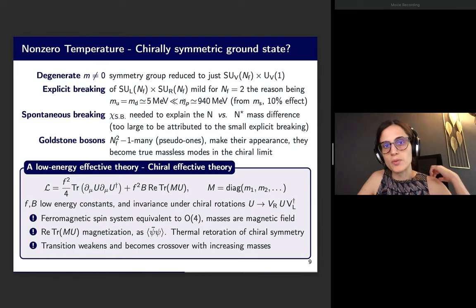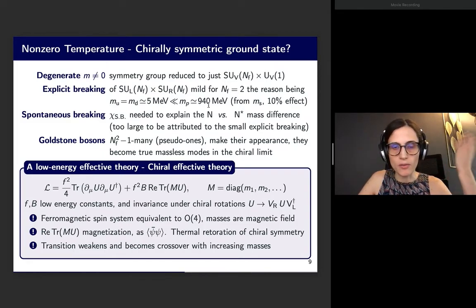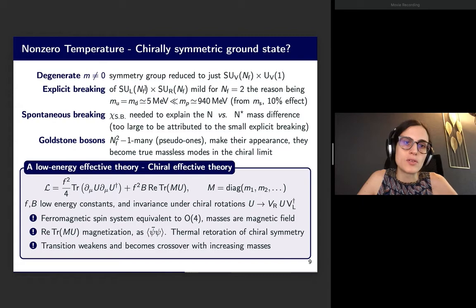They amount to a very much smaller mass than the mass of the corresponding nucleon. And even if we put in the breaking due to the non-zero strange mass, this would be just a 10% effect.